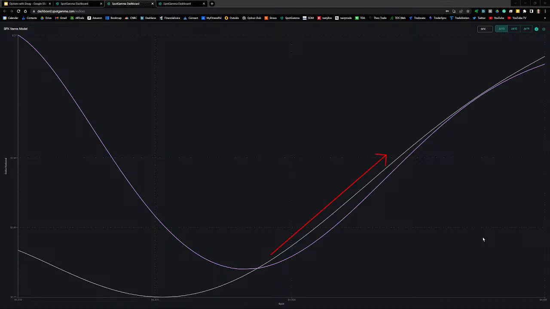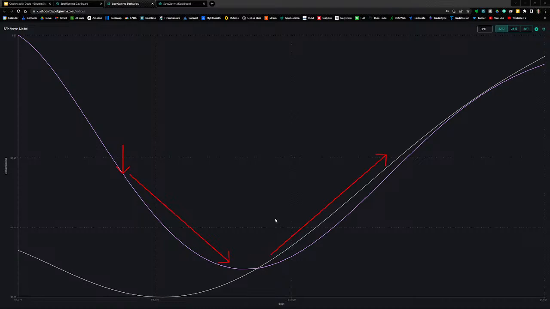So, I'm using this to give me a better idea of how market makers may react to changes in price and implied volatility. If SPX was trading here, I would look for market makers to aggressively buy back short futures as price increases.